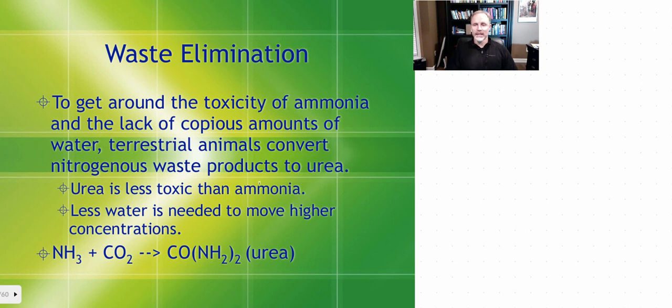It's less toxic than ammonia, and less toxic really than the uric acid that we'll be talking about. You can see the equation down here. Here's the ammonia that we were talking about coming from the amino acid, and then we combine it with CO2, and this gives us the urea, and that's the part that we're going to excrete from our kidneys.